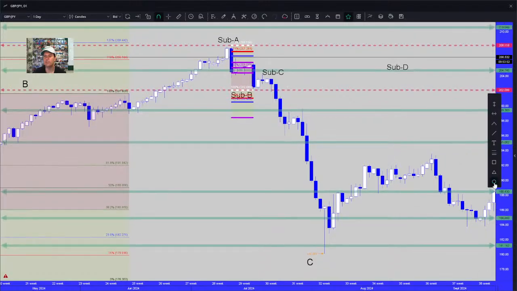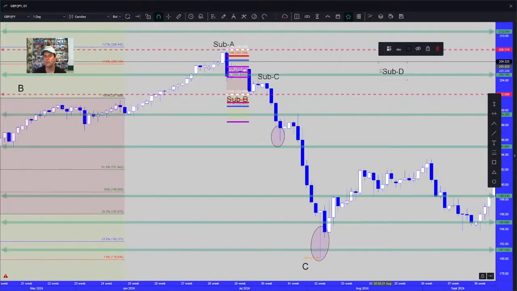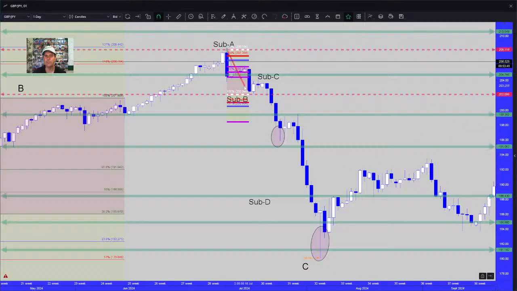Is the first circle the sub D, or is the second circle the sub D? And again, if you want, you can chart sub A to sub B to sub C, right? Which one is the sub D, the first circle or the second circle?